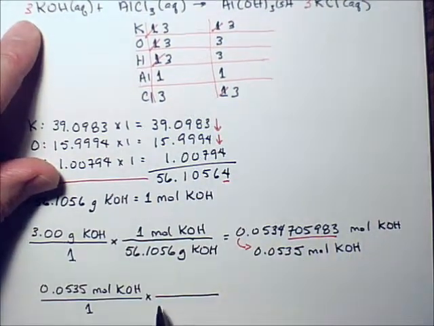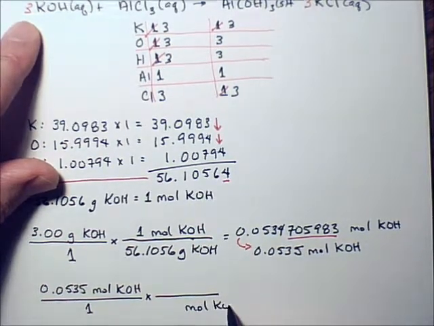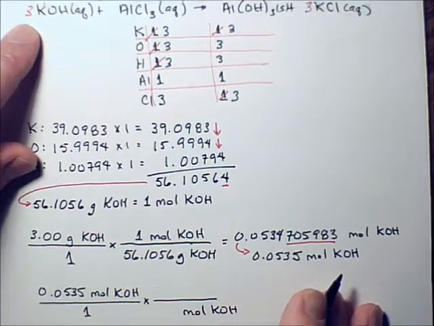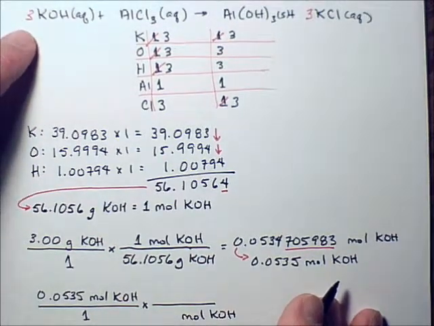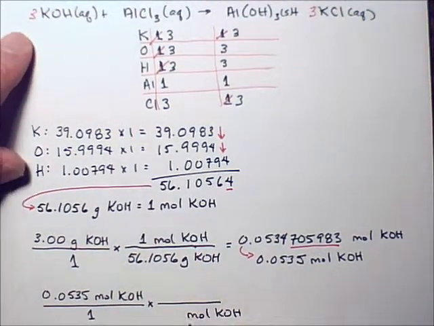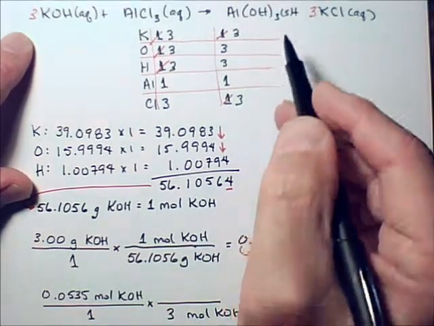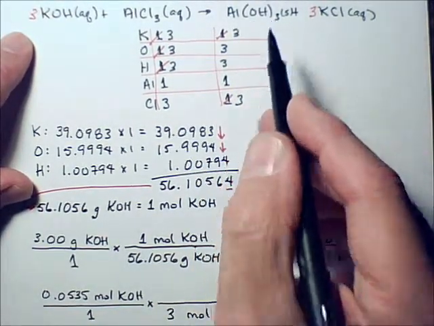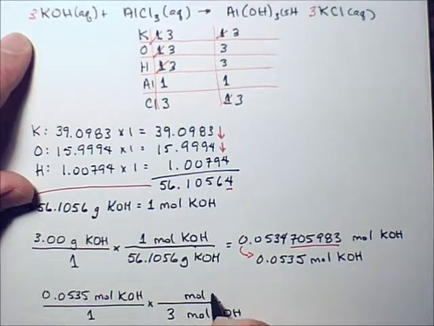So, down here on the bottom, again, it's always matching the units and species in the top of the previous step. So I want moles of KOH down here. And how many do I use? 3, because that's what's in the equation. Up here on the top, if I'm trying to get to aluminum hydroxide, then I want moles of aluminum hydroxide on the top.